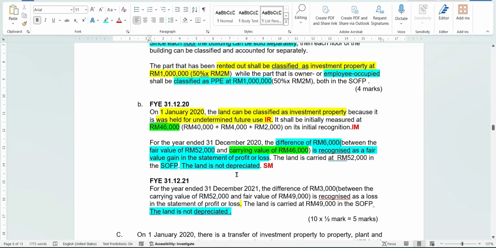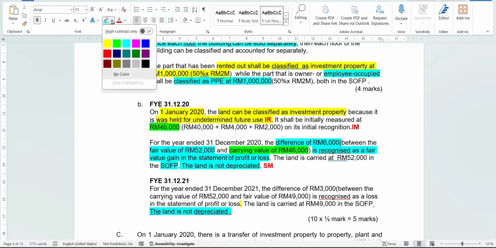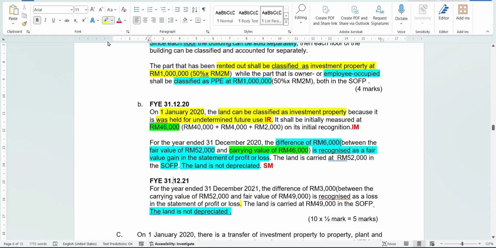So for 2021, you are going to repeat what you have, but you are now going to compare for the year ended 31st December the difference between the carrying values. The carrying value here, 52,000, will be the fair value last year.